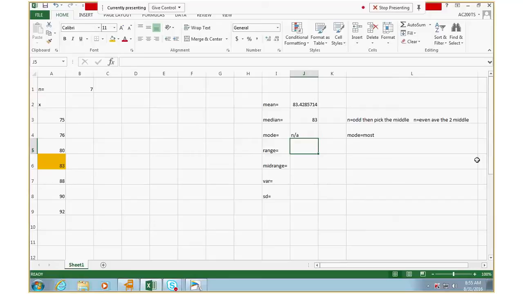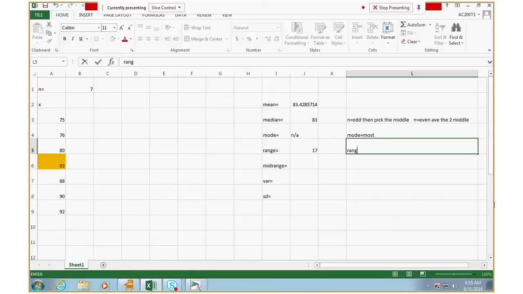Range. What is the range? Your highest minus your lowest. So we'll go out here and say range is equal to highest minus lowest.